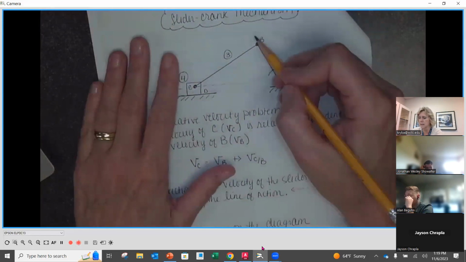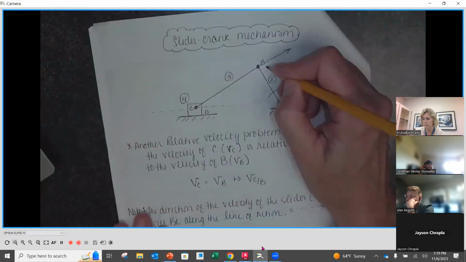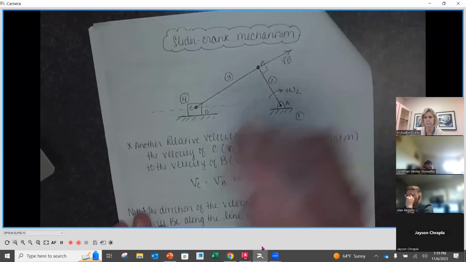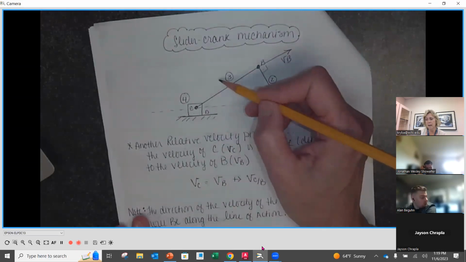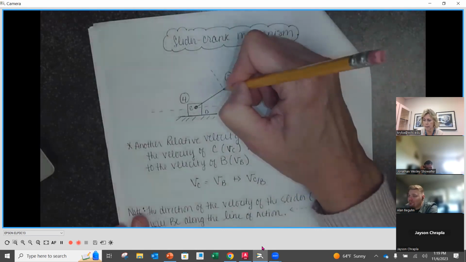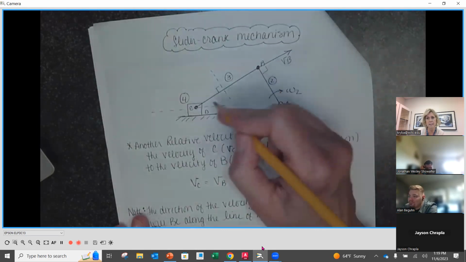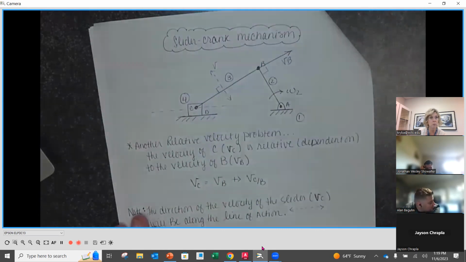So what that means is our velocity of B is going to be going up and to the right, right? Velocity of B. Our velocity of C relative to B is going to be going perpendicular to the link connecting C and B. So this is going to be the direction. We really don't know which way yet.